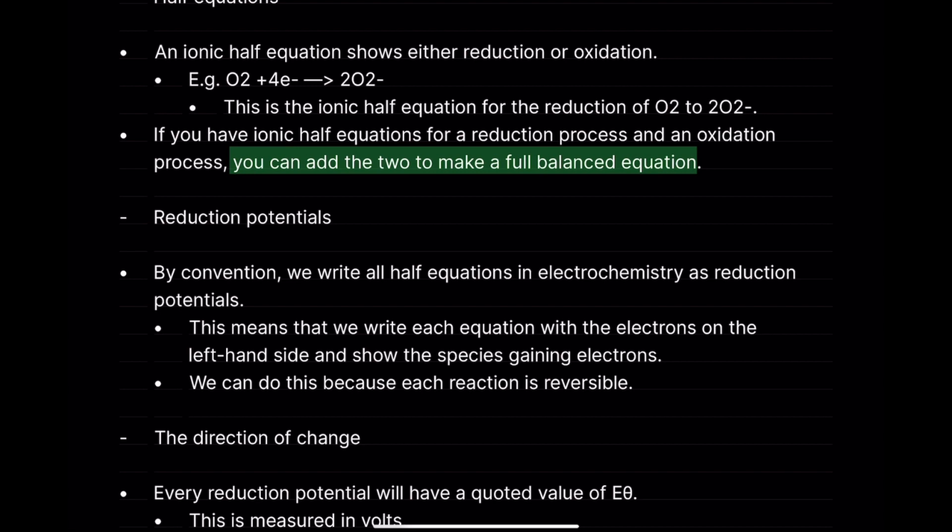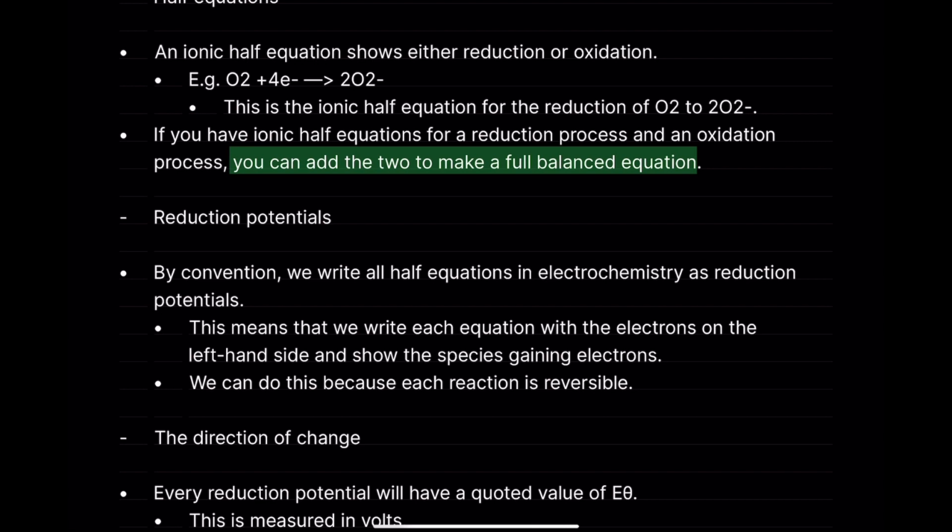When you actually do this topic and try to make full equations, all of them will be written as reduction. I'll explain how you'll know which one is reduction and which one's oxidation using something called electrode potentials.